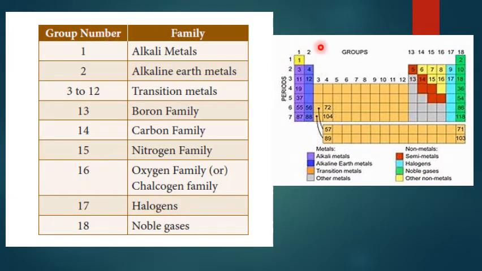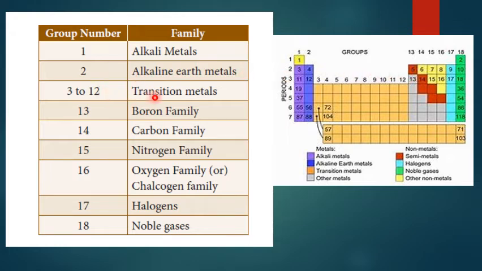See this tabular column, group number and the corresponding family name is there. Group number from first group to 18th group. First group family name alkali metals. Second group alkaline earth metals.